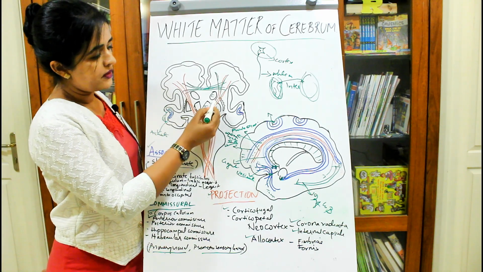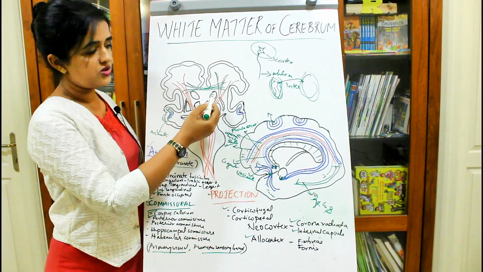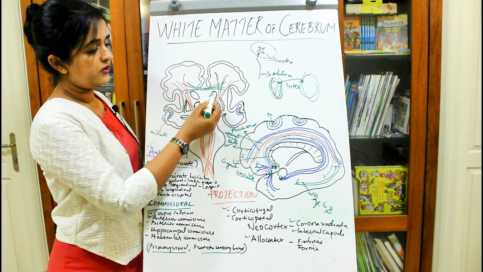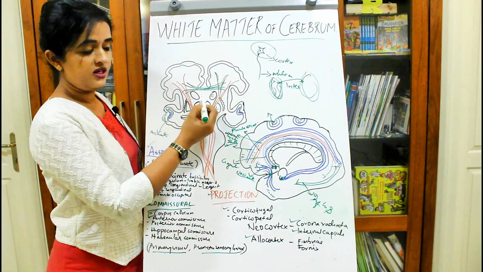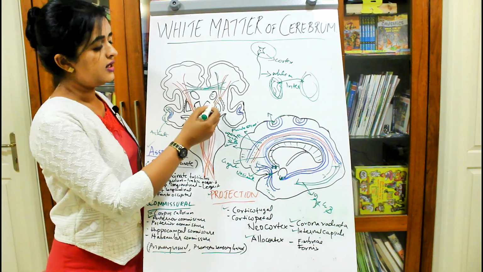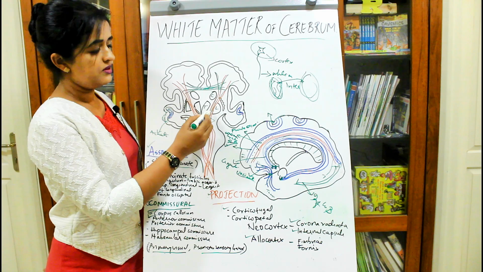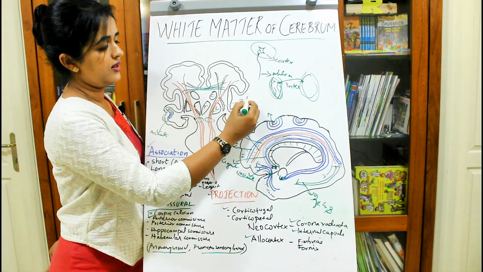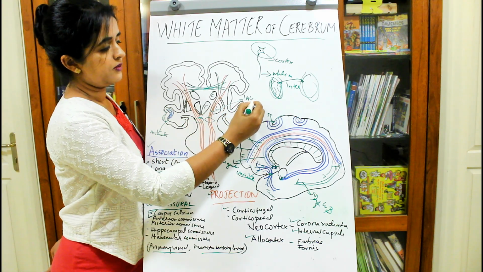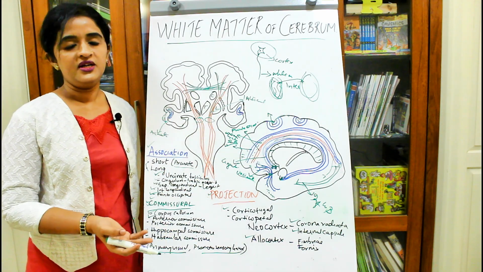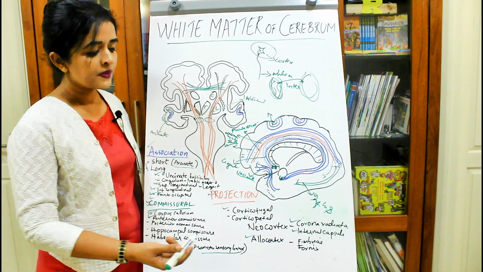The bundle of nerve fibers, actually the continuation of the corona radiata, runs between the caudate nucleus and thalamus on the medial side and the lentiform nucleus laterally. This region is known as the internal capsule. Again, we will see the internal capsule in detail.